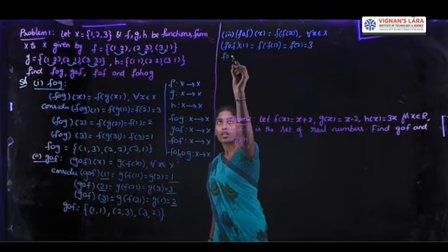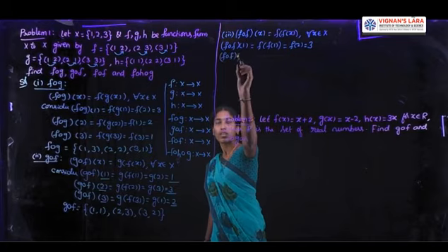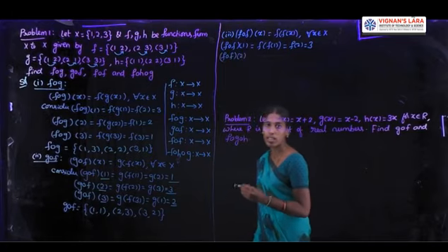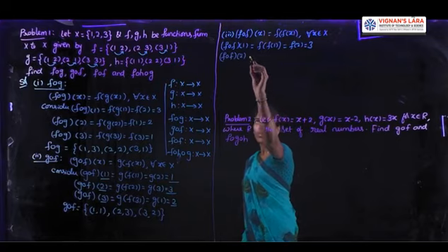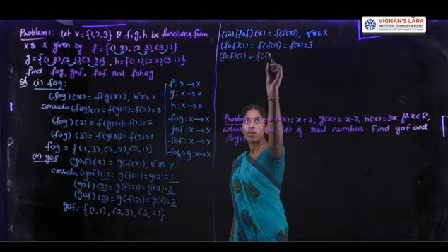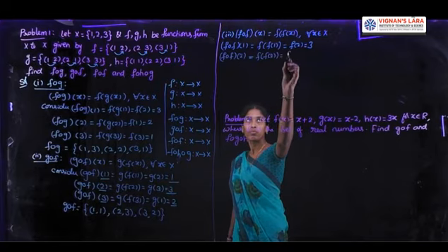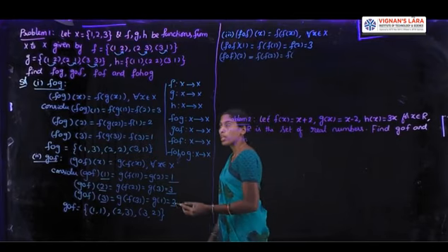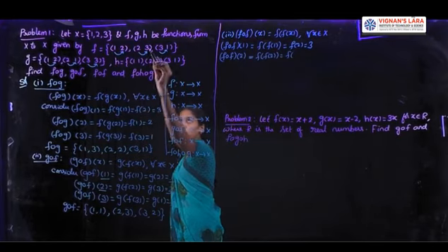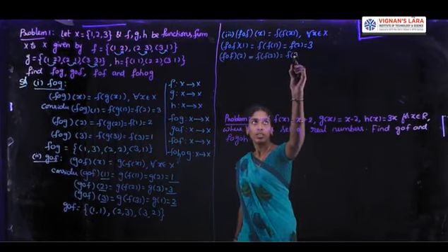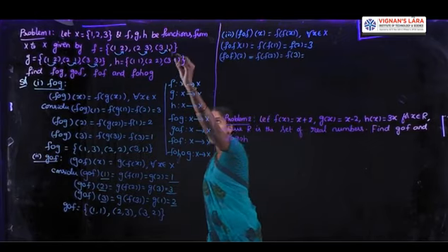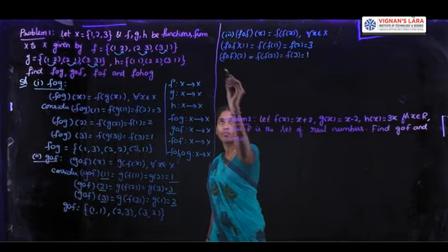Now next one, F circle F of the next element of set X, which is 2. So which is F of F of 2. In the mapping of F, 2 is mapped to 3, and F of 3 is 1.